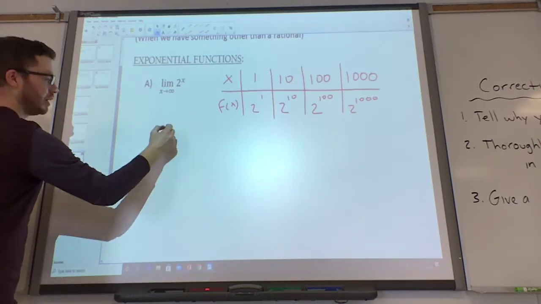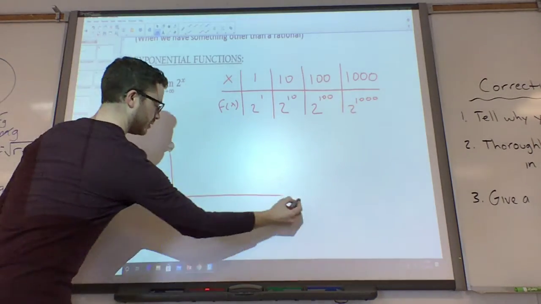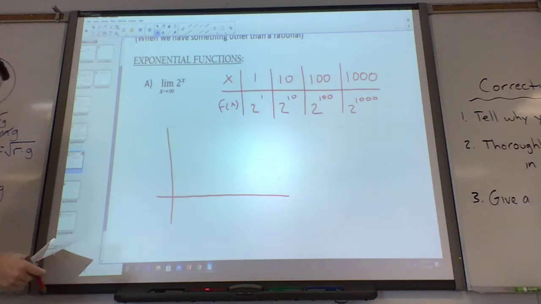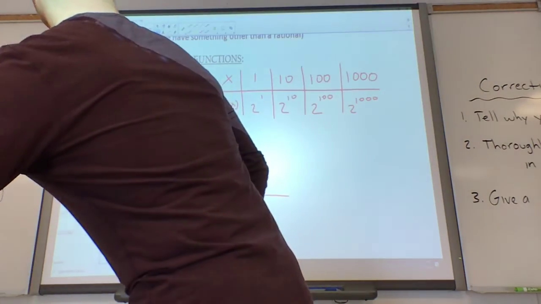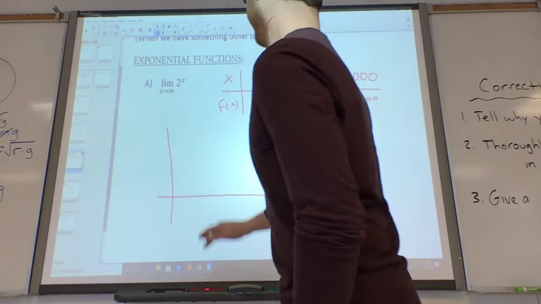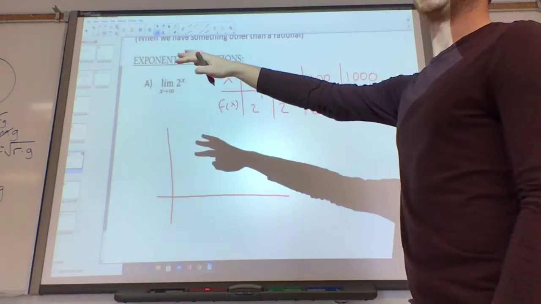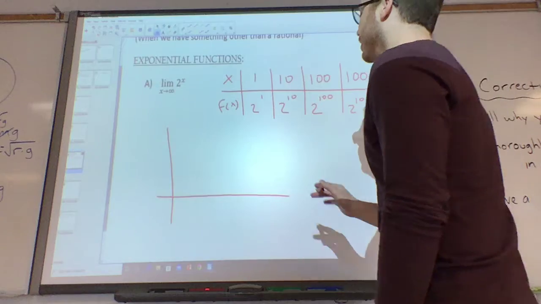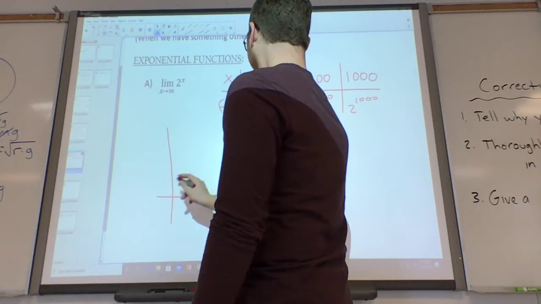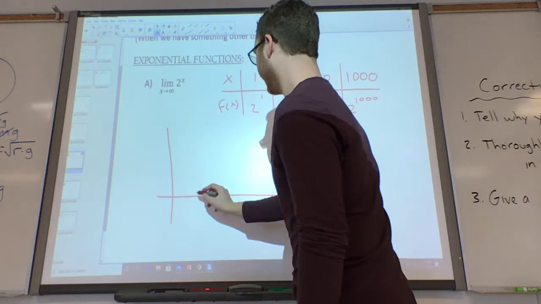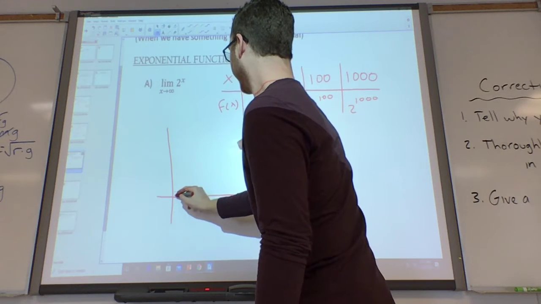So if we were to draw this as x approaches infinity, we are also going to look at x approaching from the negative direction as well. But if we're just looking from the positive direction here, we will have x's 1 and 2, so about here.